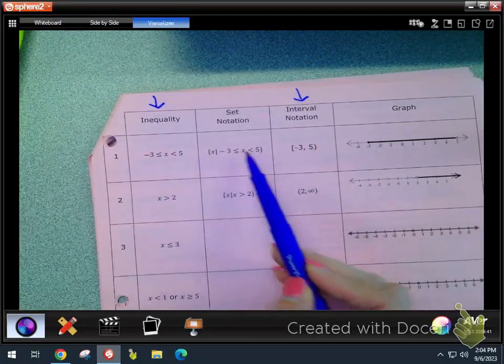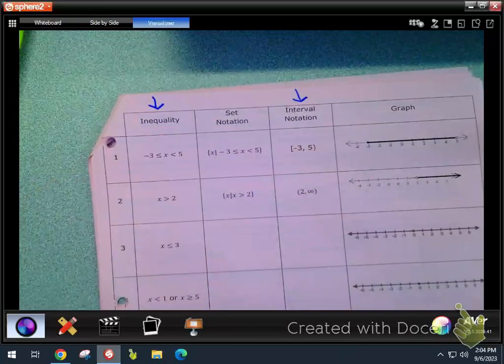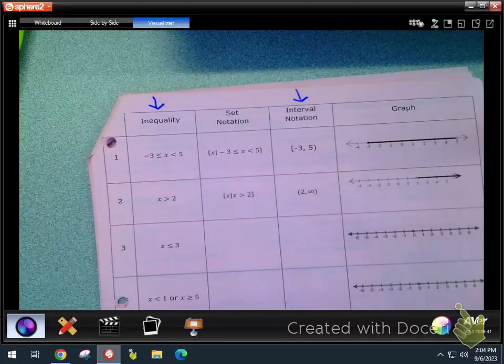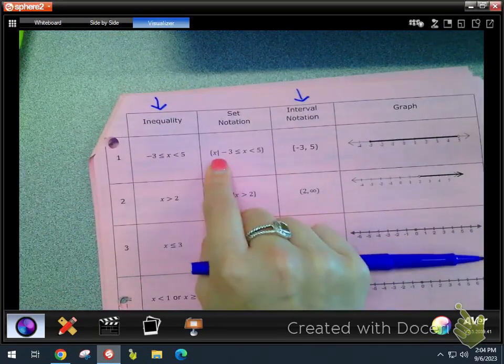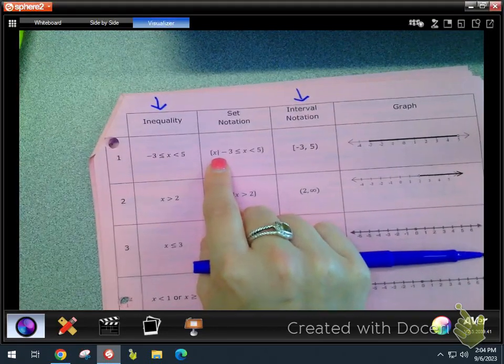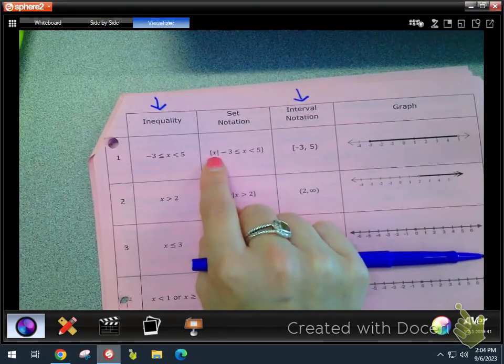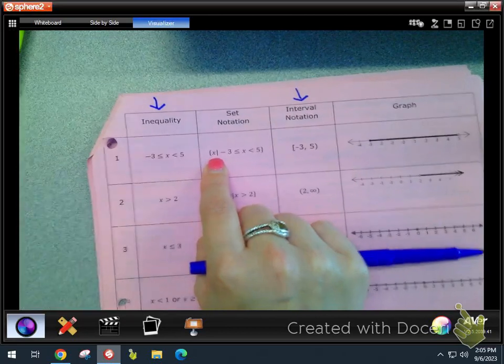Set notation means they start with a set, like when we were writing 3 variable systems and we used the squiggly brackets, that's a set. Do you see how it says squiggly bracket X and then a line like that? You read that as X values such that, that's what the line means.